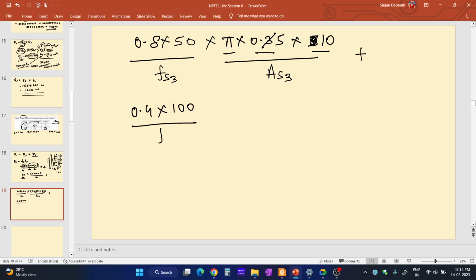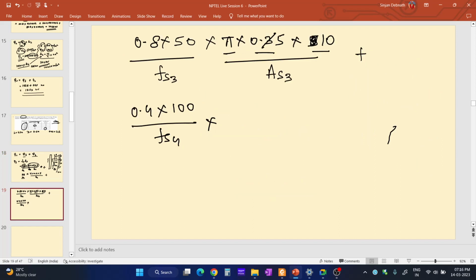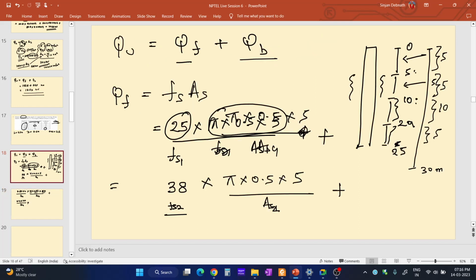This is multiplied by the surface area of this portion. The thickness is 5 meter, from 20 meter depth to 25 meter depth. So it is pi into d into 5 meter. This is As4.